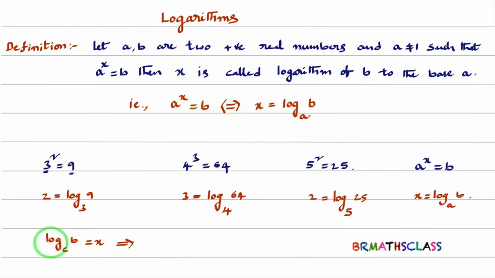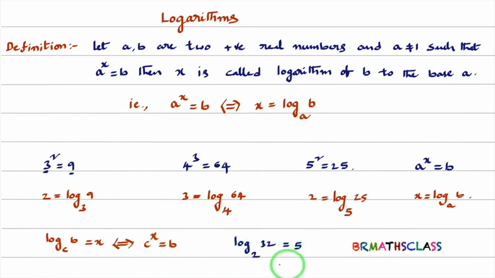Here, log b base c equal to x, what can it be written as? As per the definition, comparing with a power x equal to b, it can be written as c power x equal to b. Try to understand, it's a simple thing.